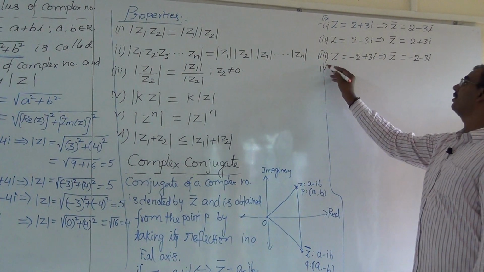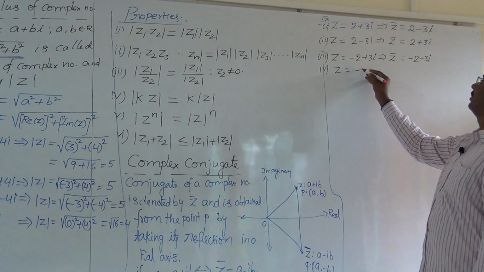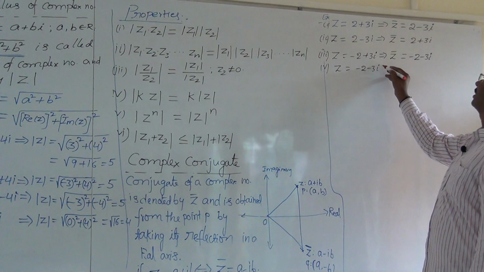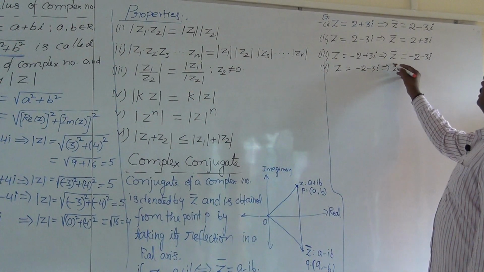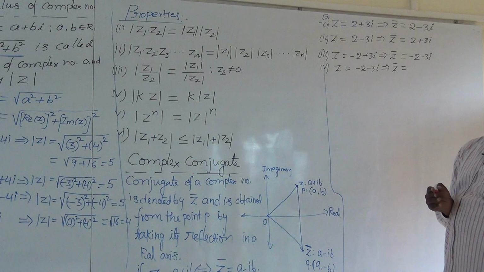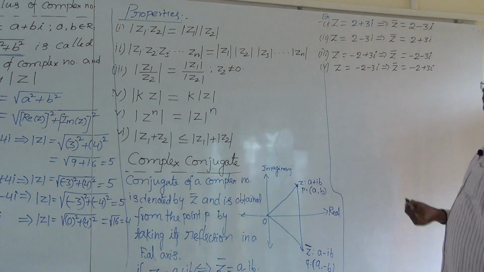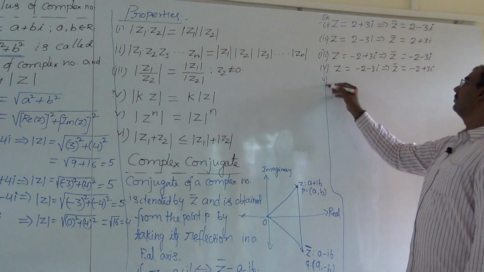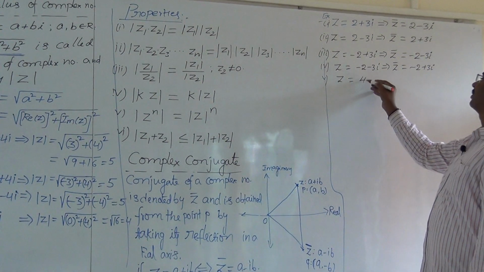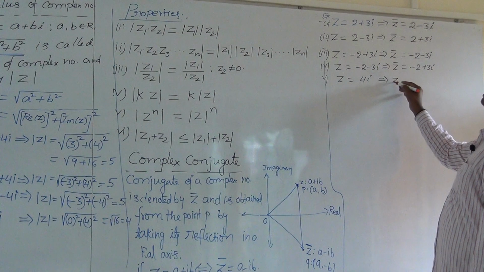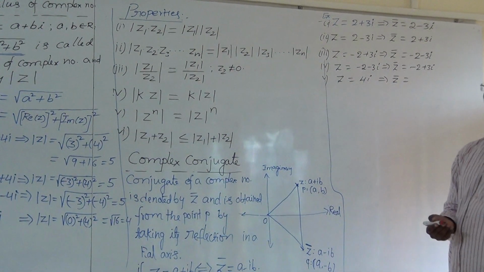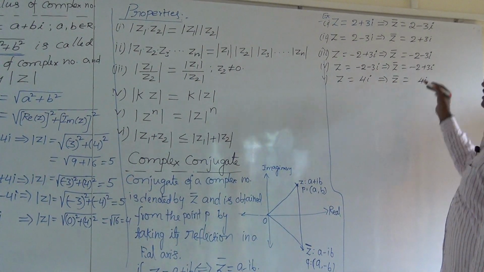If Z is equal to minus 2 minus 3 iota is given, what is the conjugate of the complex number? Minus 2 plus 3 iota. Like if Z is equal to 4 iota is given, what is the conjugate? 4 iota, is it right?